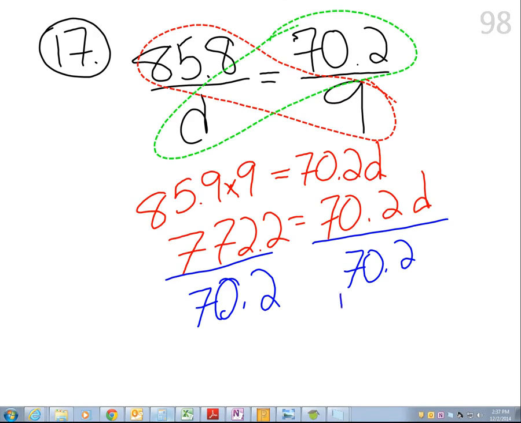D equals 11, and that's the answer for number 17.